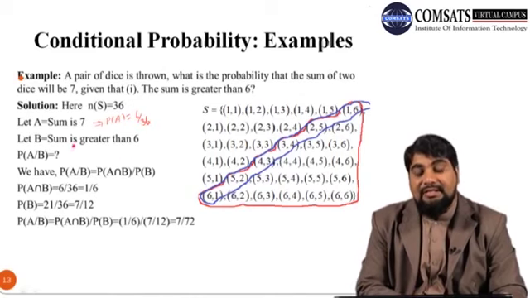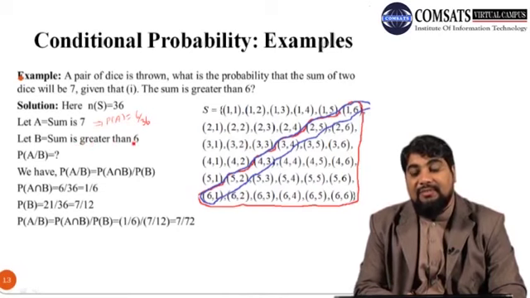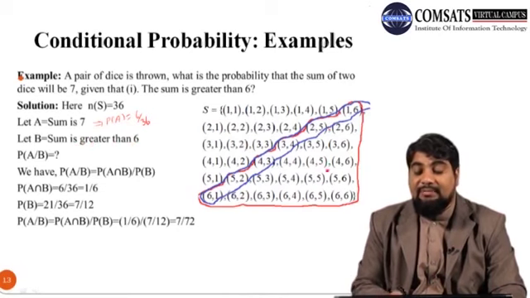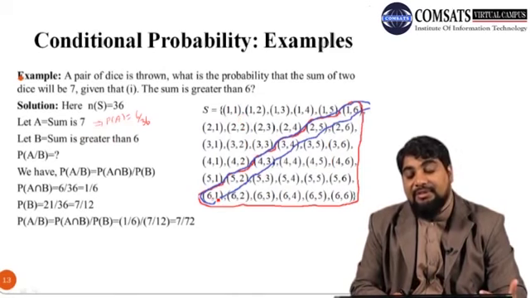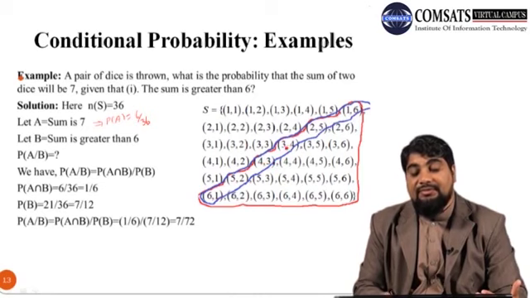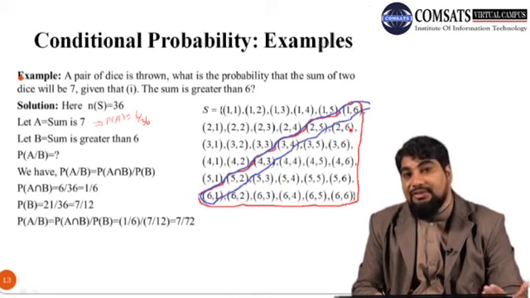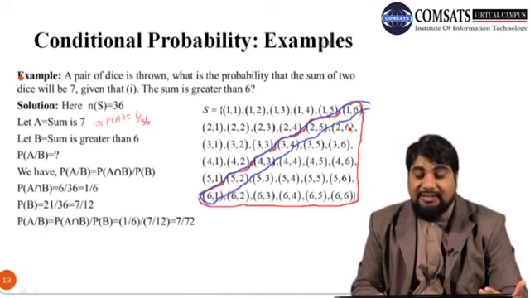And the event B is that the sum is greater than 6. From this sample space you can see that these are the outcomes. So 6 plus 1 is 7, so the sum of these two numbers is greater than 6. 5 2 is 7, 4 3 is 7, 3 4, 2 5 is 7, 1 6 is 7, 2 6 is 8, which is greater than 6.